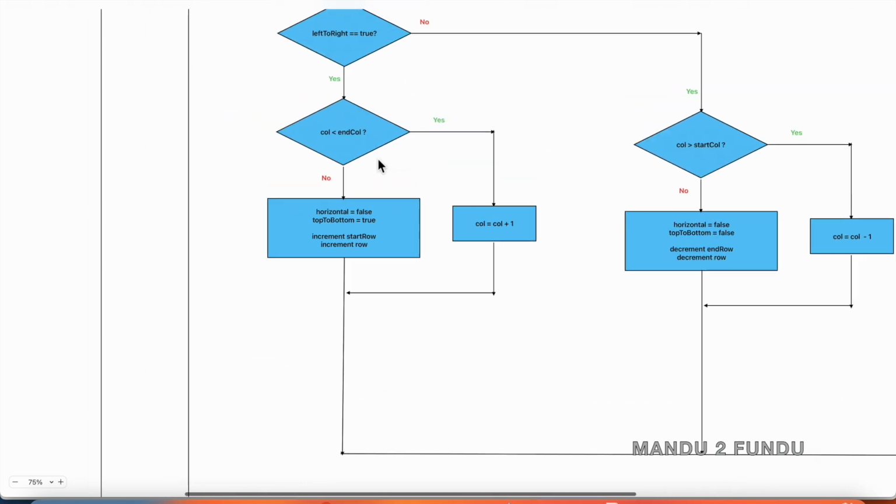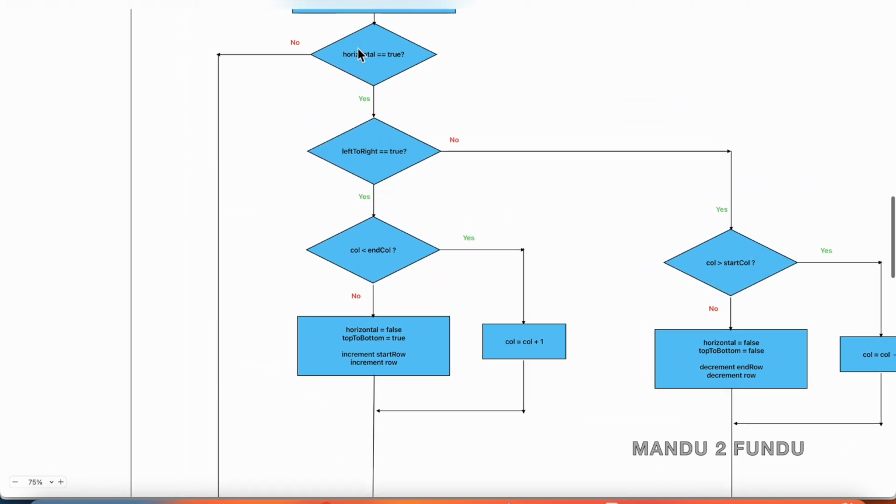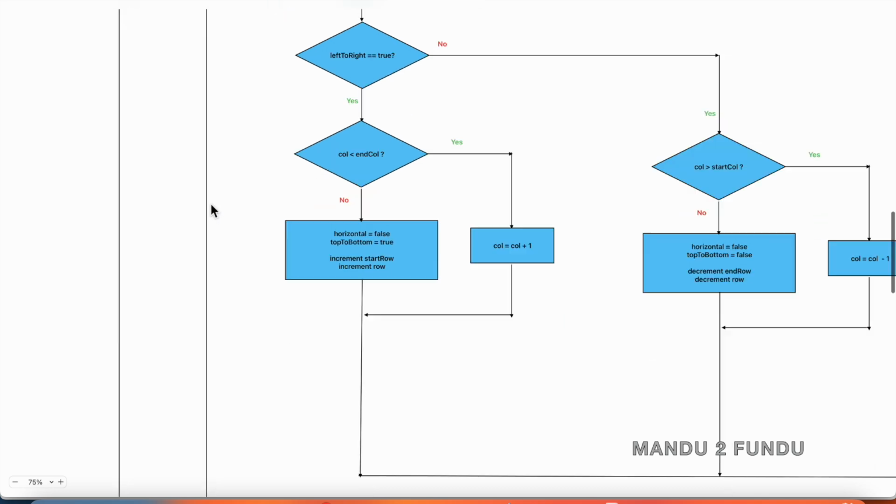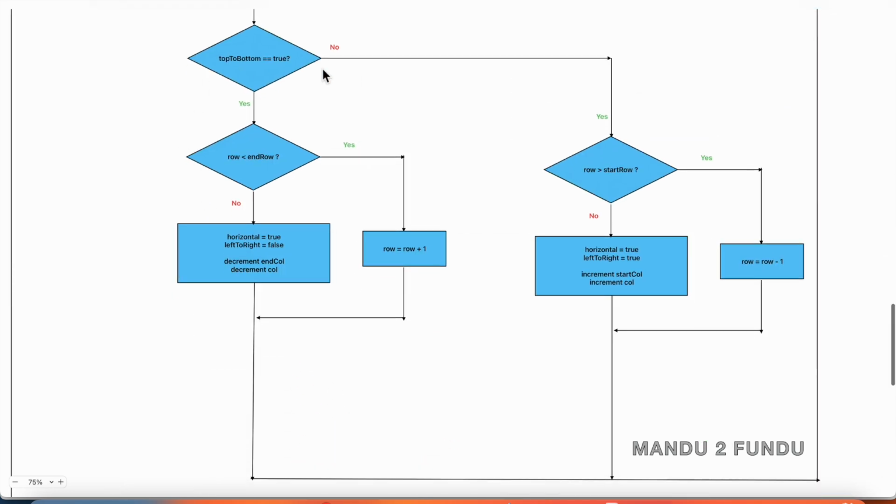If the horizontal is not equal to true, then we handle the case for the vertical traversal. In the vertical traversal, we check whether we are doing the traversal top to bottom. In that case, we check whether the current row is less than the end row.